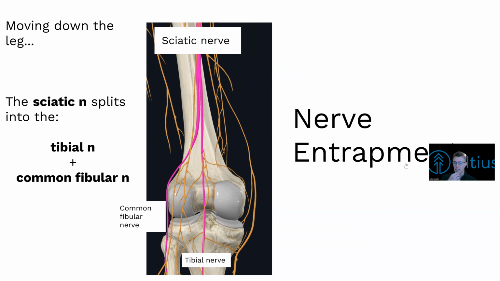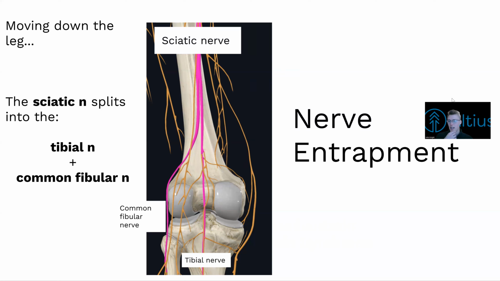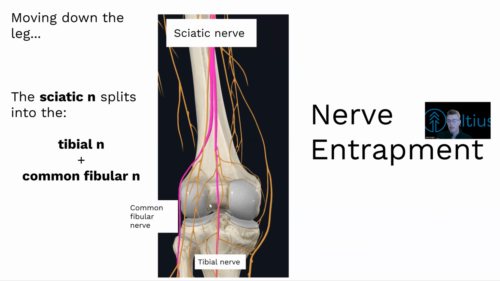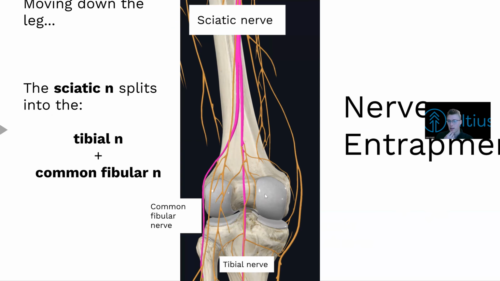So this is another example of when some sort of lack of mobility can cause pain down the leg. If for some reason my hamstrings are really tight and they're compressing on the nerve, that might cause nerve entrapment of the tibial nerve back here. Similarly, if my popliteus, which is a muscle that runs right on the backside of my knee here, is really tight, that might be pushing on the tibial nerve.